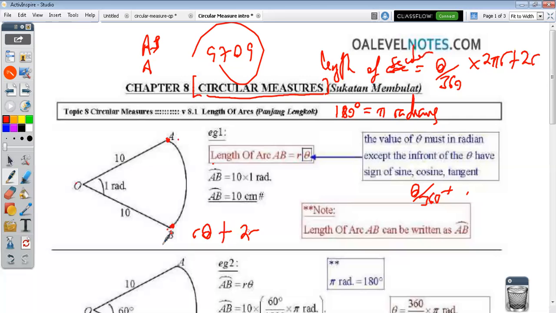So that's how we find the length of a sector. The length of a sector is given by length of arc plus 2r. In this case, it will be 30, because we discover that it is 10 plus another 10 plus another 10. So that's what you need to know.